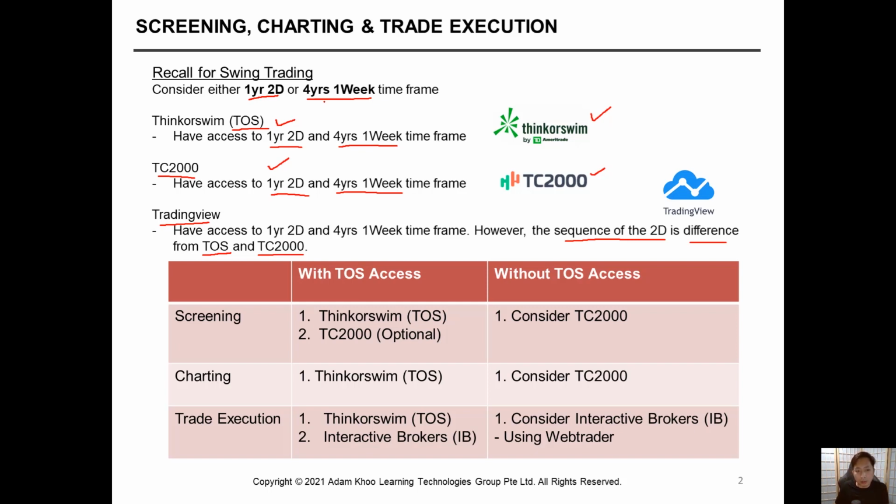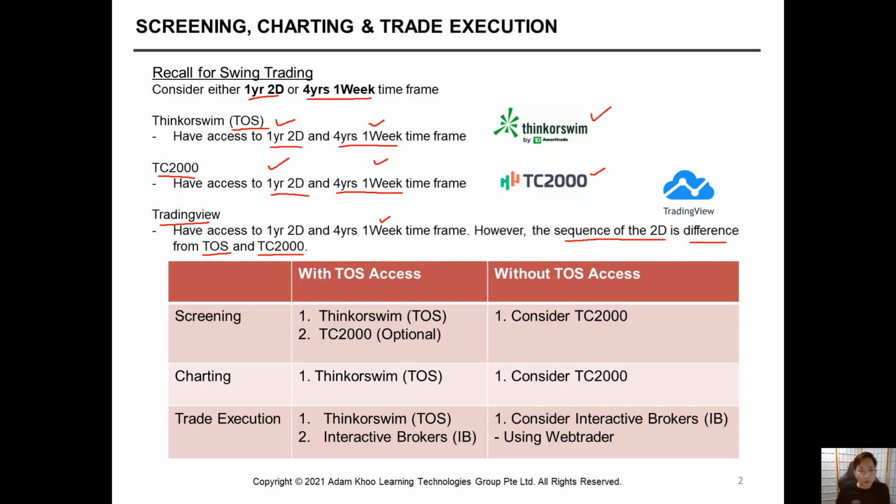If you are trading the 4 years, 1 week chart, they are the same across Thinkorswim, TC2000, and TradingView. The difference is that in TradingView the 2 day sequence is different, and from my understanding now we cannot change it. I don't know how to change the sequence of the 2 days chart. If any of you are able to change the sequence to be the same as Thinkorswim or TC2000, drop me a note and let me know so I can inform the rest of the price action manipulation community.